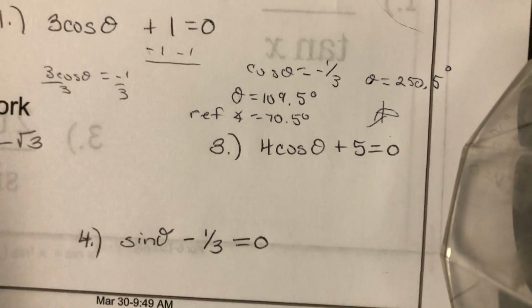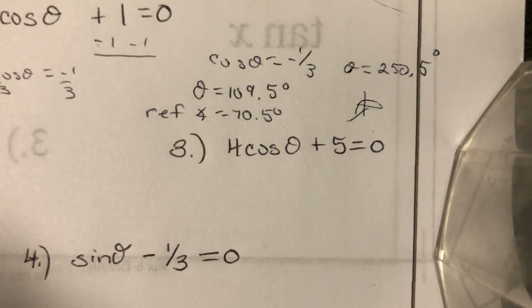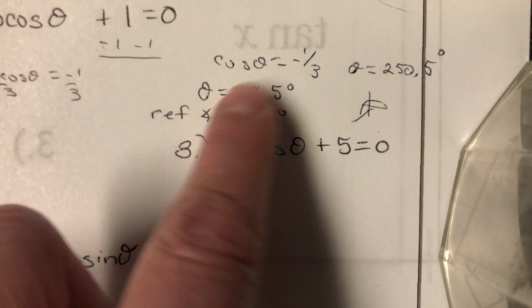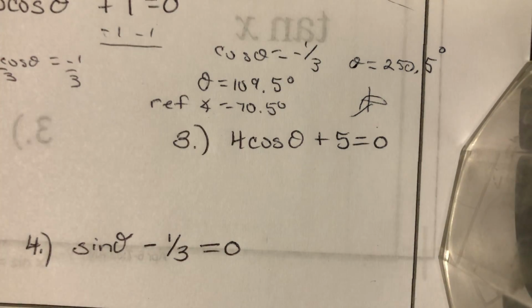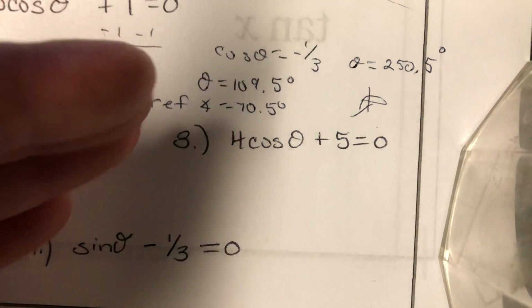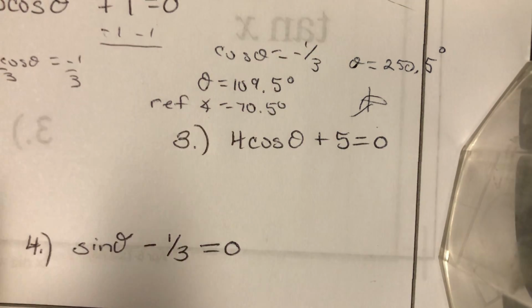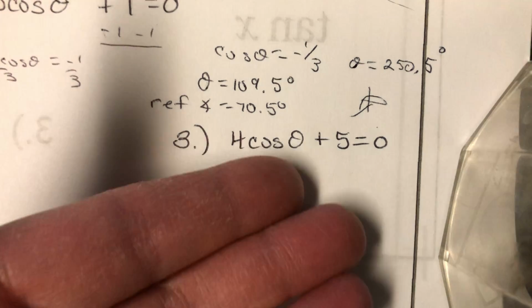Got it. But here's the situation. I know cosine is not only negative in quadrant 2, cosine is negative in quadrant 3. So I need to find the reference angle associated with this 109.5 degrees. That's not one of the answers. Sometimes people include that as one of the answers. It's a required step to get the final answer.